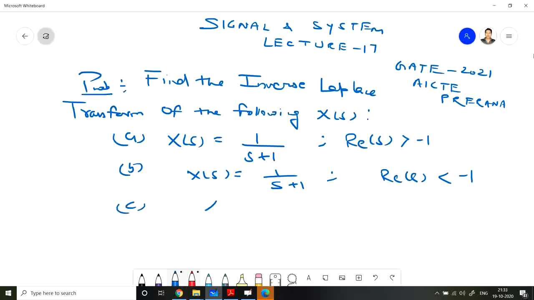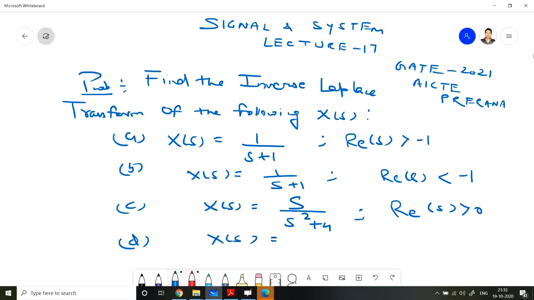The third part is X(s) = s/(s²+4) and the real part of s is greater than 0, and the last part is X(s) = (s+1)/((s+1)²+4) and the real part of s is greater than minus 1. So this is our Laplace transform.